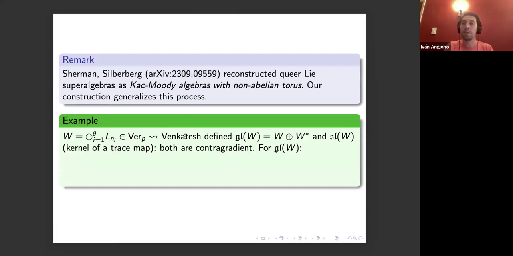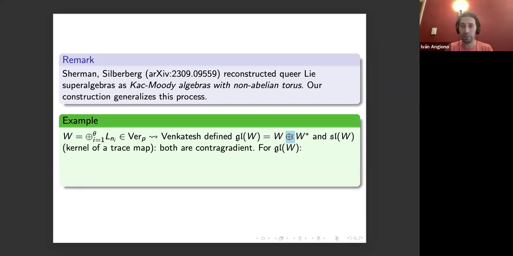Venkatesh, the same as I mentioned before, defined the idea of GL of an object in Ver_p. Essentially, what you do for GL, this is the algebra of matrices over a vector space. What you can see here is a tensor product again: the tensor product of W with W dual, in such a way that when you multiply, you apply the evaluation in the middle.